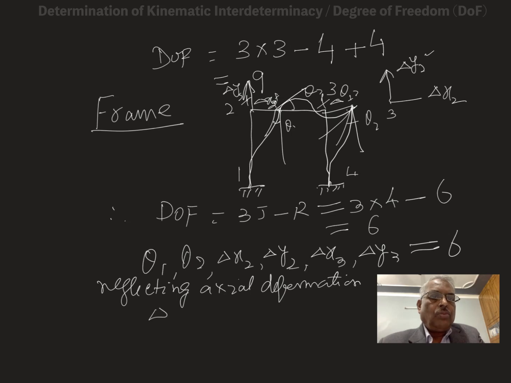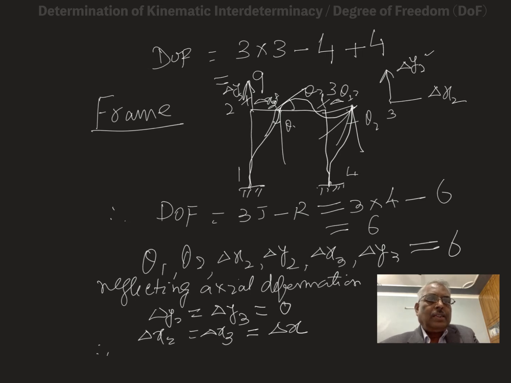The delta y2 and delta y3, because of axial deformation, will have a very negligible value, so we can keep them 0. And delta x2 and delta x3 will be equal, because the support condition as well as the joint condition is the same, so they are both x.